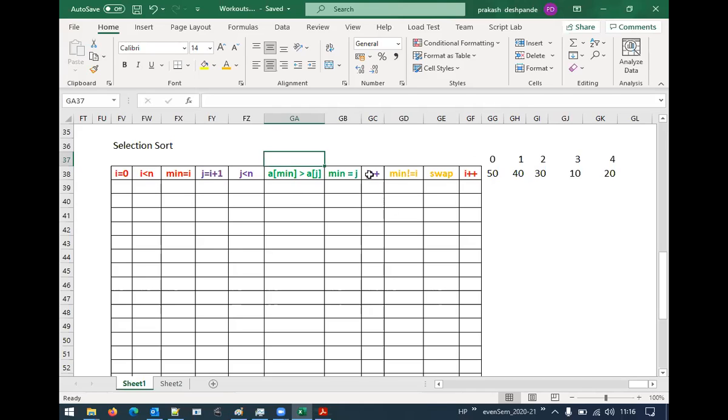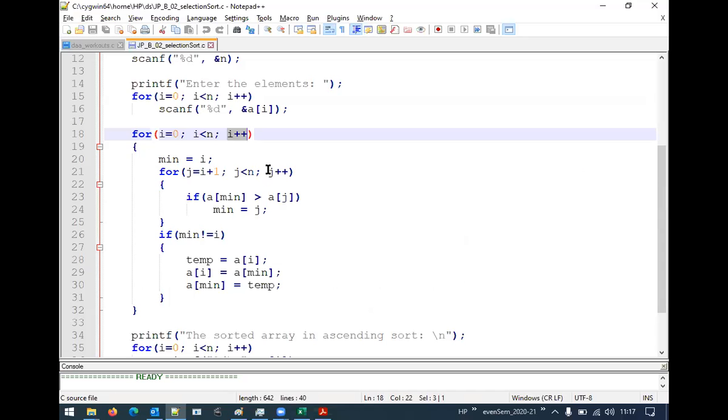Then after j plus plus is done, again control goes back to where? After j plus plus statement is executed, where will the control go back to? It goes to condition validation, isn't it? How does the for loop work?